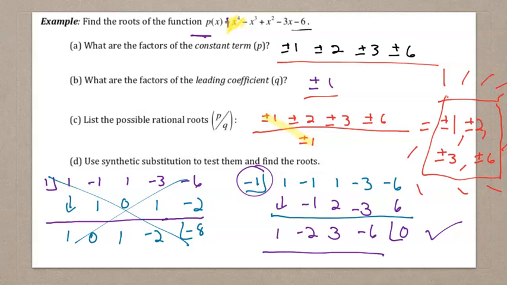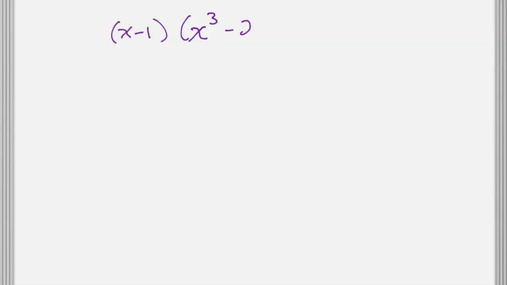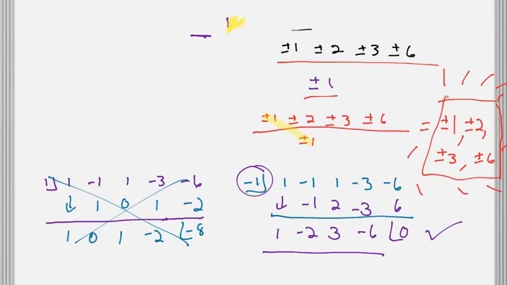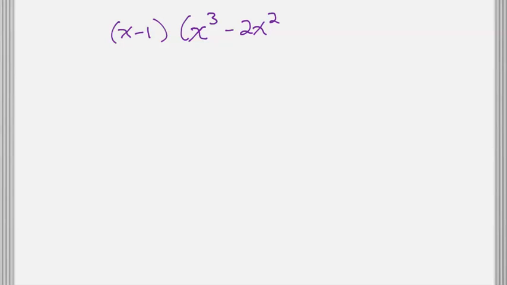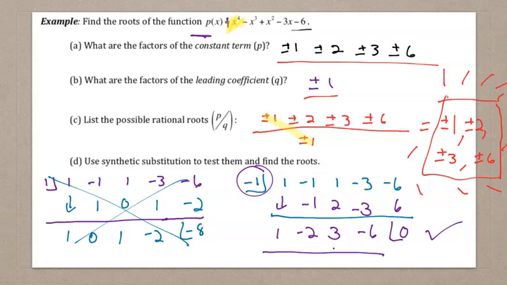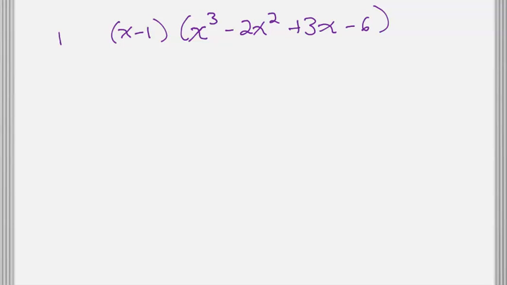I'm going to keep flipping back and forth here because I don't remember. -2x squared. 3x minus 6. So plus 3x minus 6. And these are the factors of p of x.